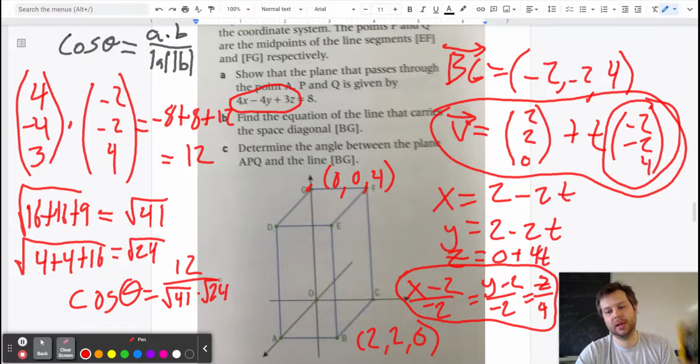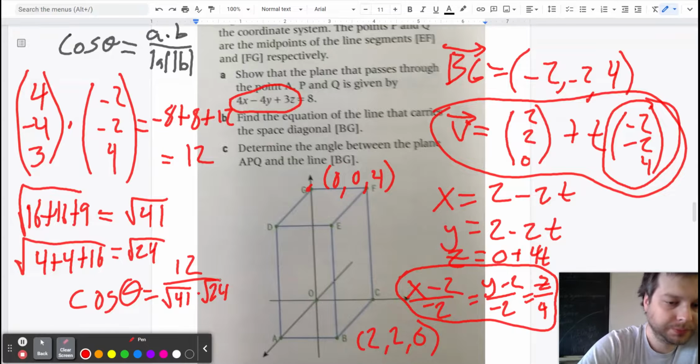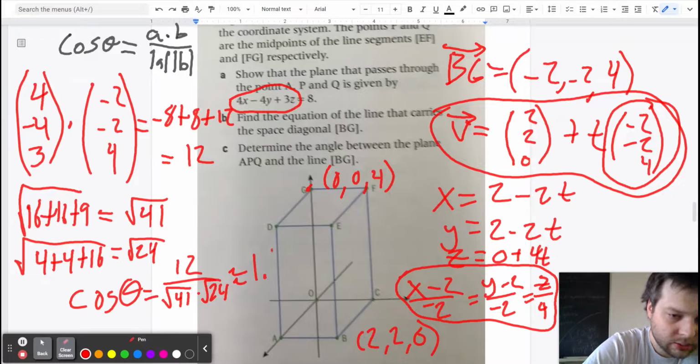So grab a calculator and do the inverse cosine of 12 divided by square root of 41, square root of 24, and that gives me approximately 1.178, and that's in terms of radians.